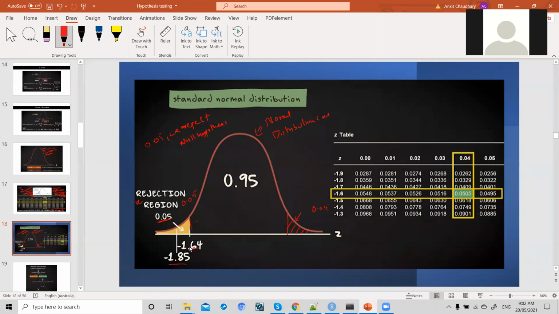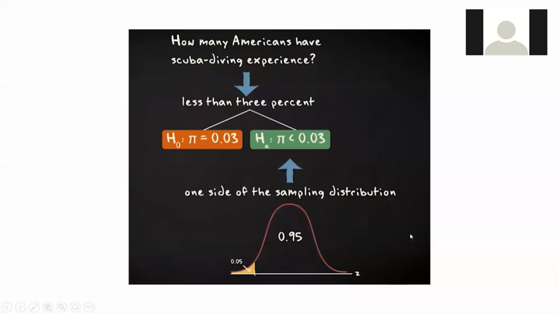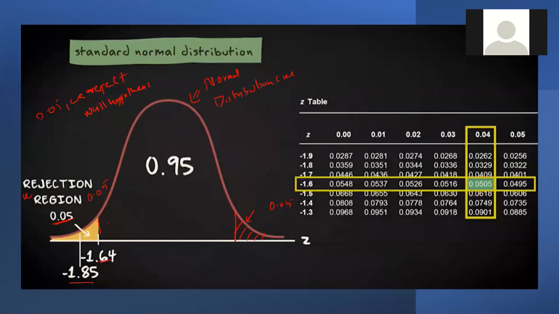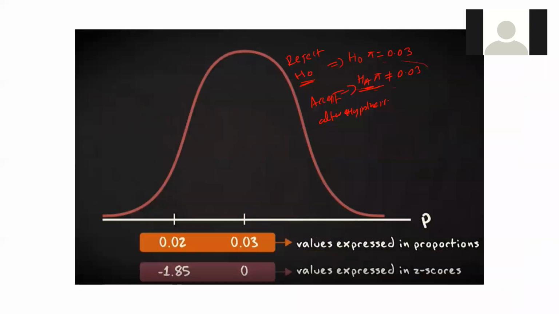So we can clearly see that it lies in the rejection region. So what we can conclude is we accept the alternative hypothesis. That means your population parameter is not 0.03, we can say.